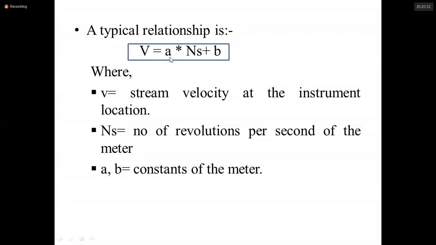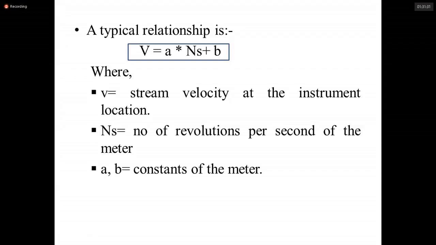So V is equal to A, where A is the constant, into the number of revolutions per second, plus B. B is also a constant. So for each current meter, these A and B values are different.